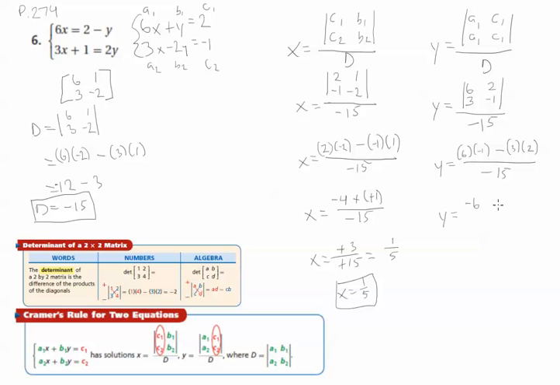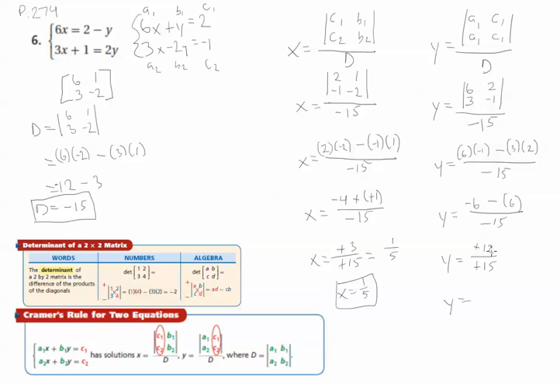Y equals, let's see, 6 times negative 1 is negative 6. 3 times 2, minus 3 times 2, is just 6, all over negative 15. Negative 6 minus 6 is negative 12 over negative 15. Negative divided by negative becomes positive. So I can simplify 12 over 15.